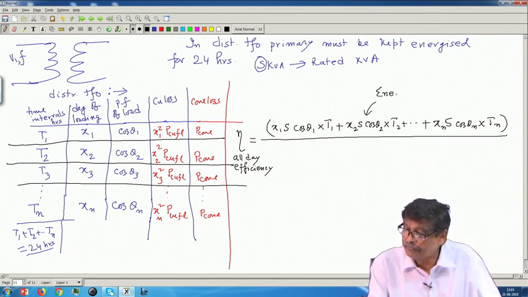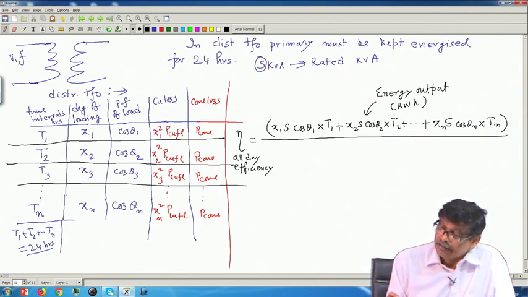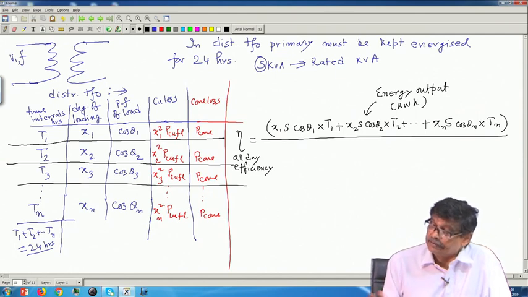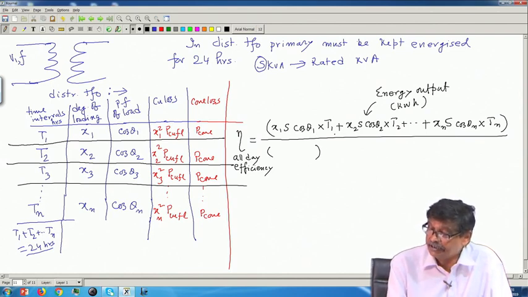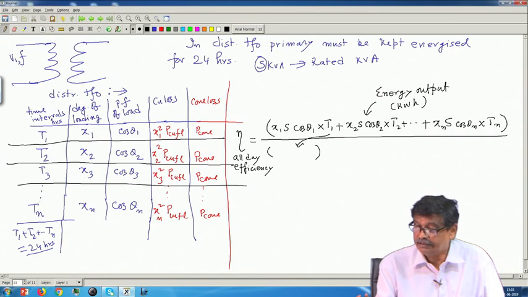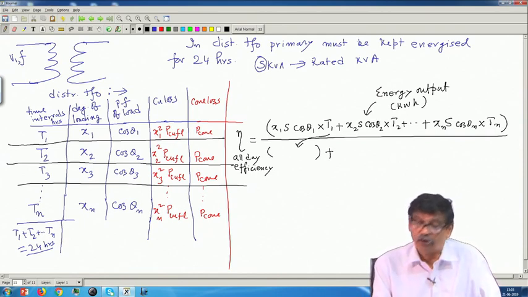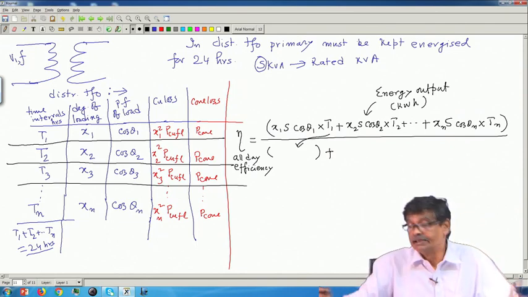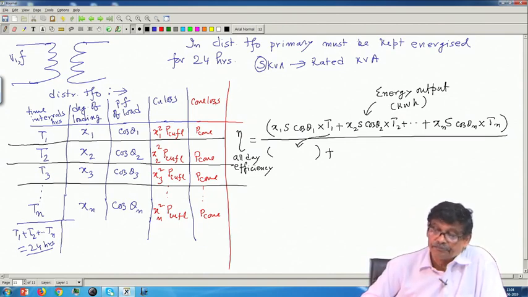Energy output. What is the unit? Kilowatt hour. Then below what should I write? This is the output energy. So, this bracketed term I am not rewriting, this numerator is the energy output, plus the energy losses. Now, the question is what will be the energy losses?